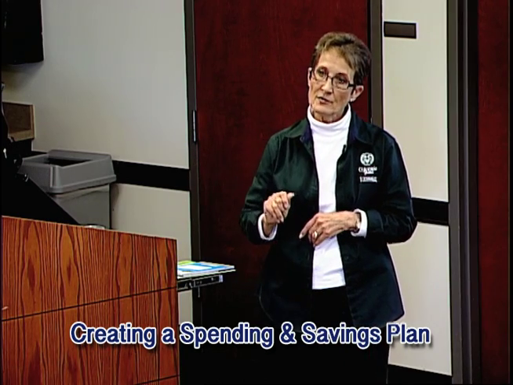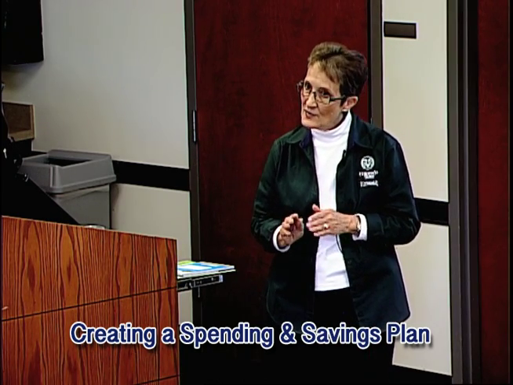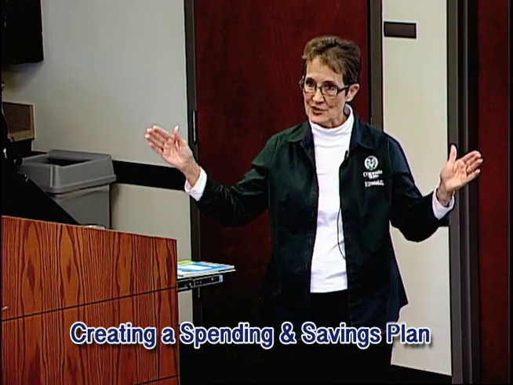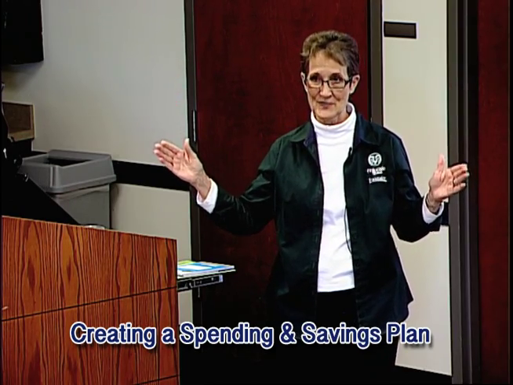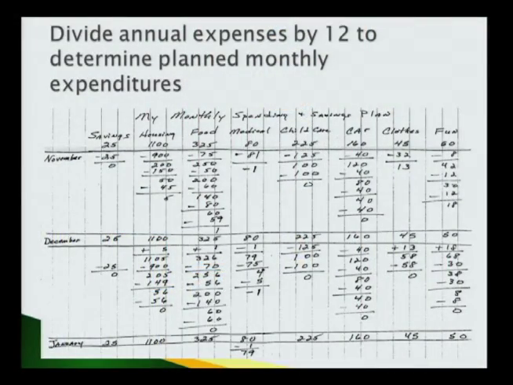And it's important to remember that because, remember, we're taking the big picture here. We're looking at the big view. In the case of clothes, for example, in November, they planned to spend $45, but they only spent $32. That means they had $13 still in that category.